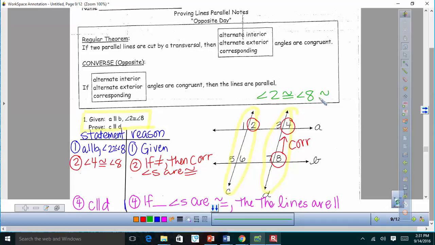So I'd put congruent to 4. What does that mean about angle 2 and angle 4? They're congruent, because if they're all congruent like this, the congruency transfers over by transitivity. That's my third step: angle 2 is congruent to angle 4 by transitivity.